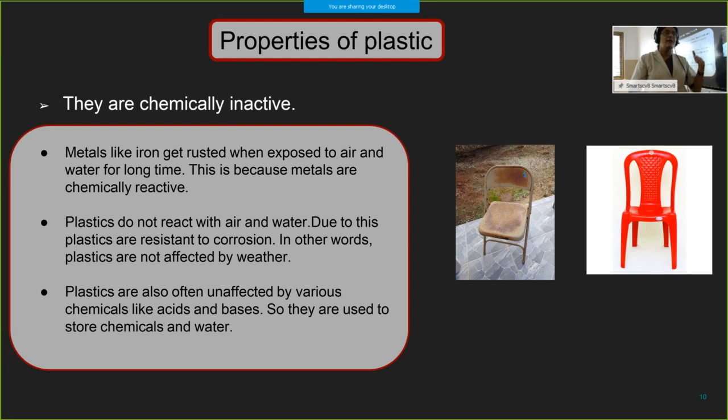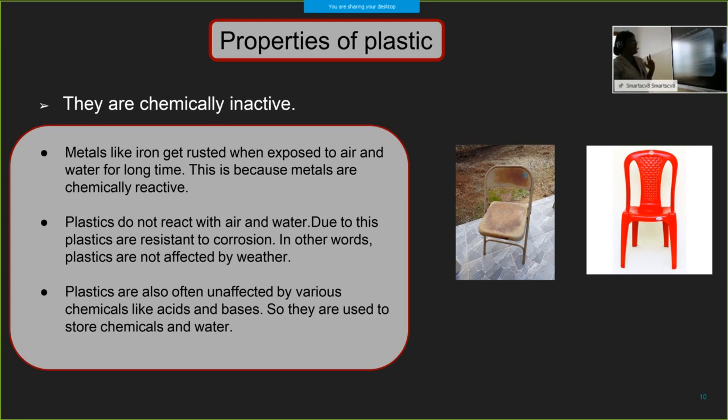So that is why it is used to make a number of things with plastics. It is non-corrosive, meaning it does not react with the gases present in air or the moisture present in air. So it is very, very durable. It is unreactive. It is inactive. So they are chemically inactive. Metals like iron get rusted when exposed to air and water for a long time.